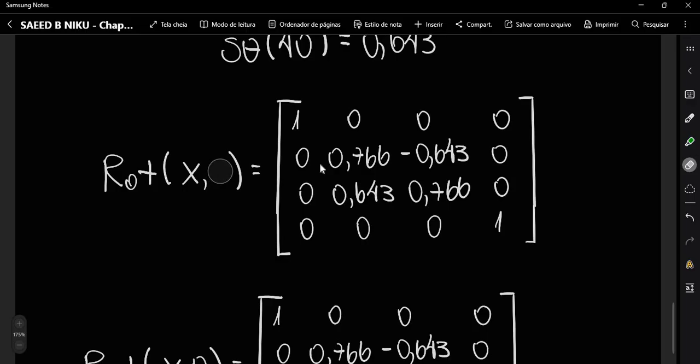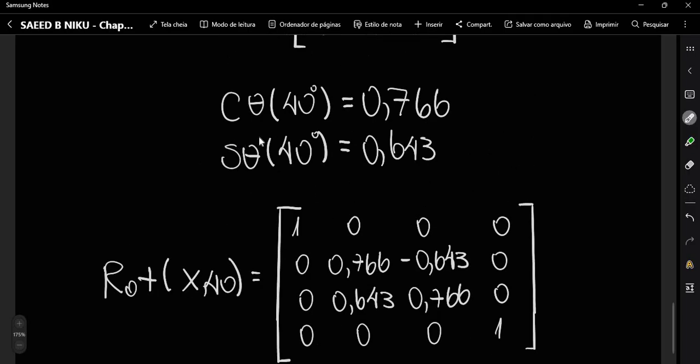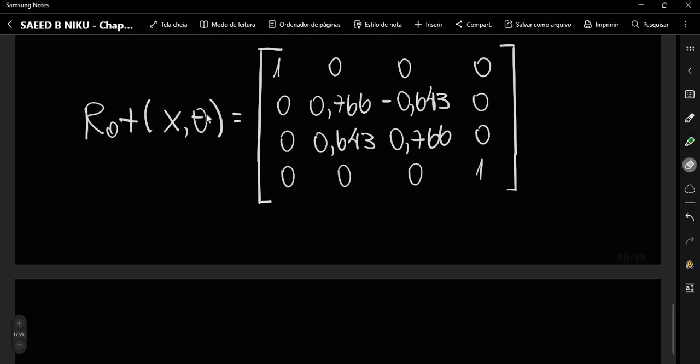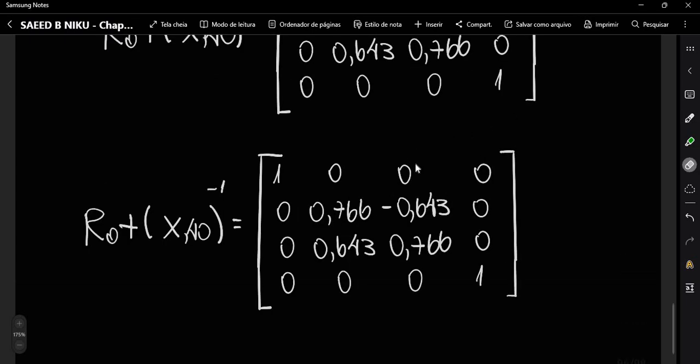So let me copy this. Right here is 40. We have already calculated. Pretty simple. It is cosine of 40, sine of 40, and the inverse of this matrix, we will swap the lines by the columns.